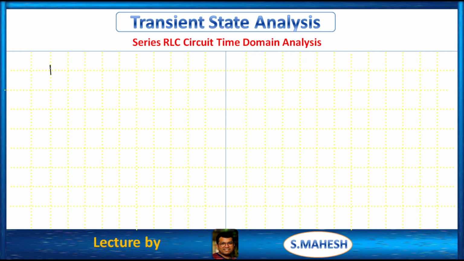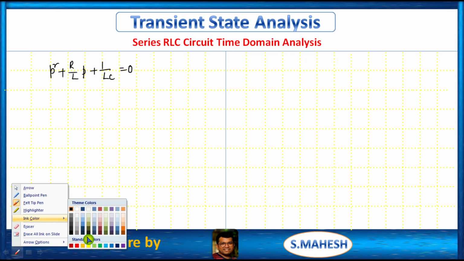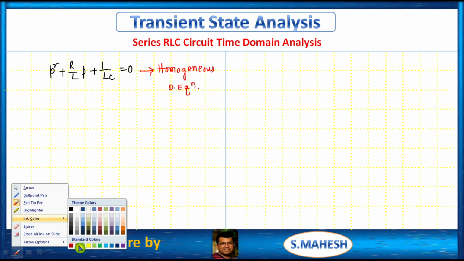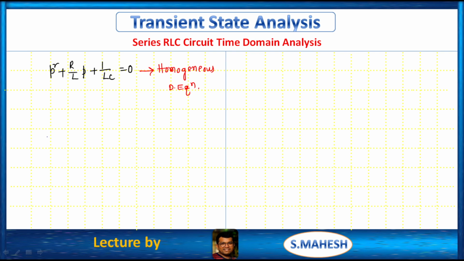From that, what is that equation? P square plus R by L into P plus 1 by LC, which is equal to 0, right? This is homogeneous differential equation. Therefore, roots are what? P1, P2. This is quadratic equation where the coefficients are constant.